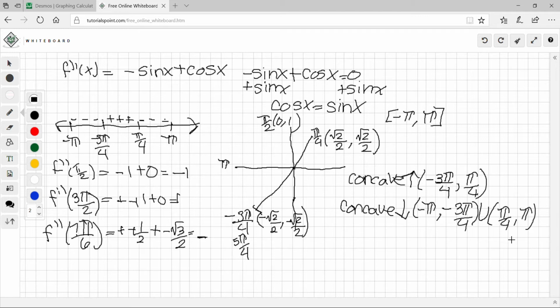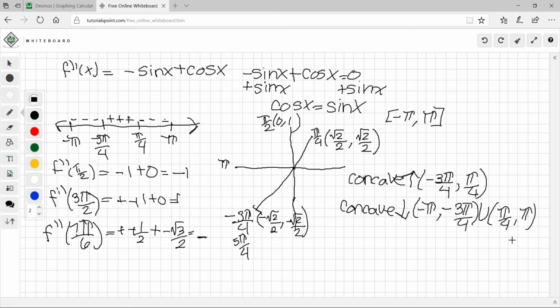So concave up is from negative 3 pi fourths to pi fourth, and concave down is negative pi to negative 3 pi fourths, union pi fourth to pi.